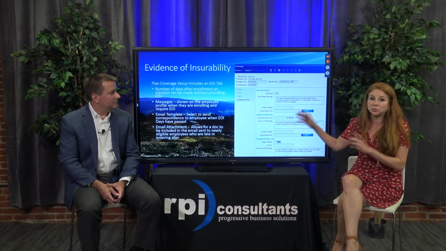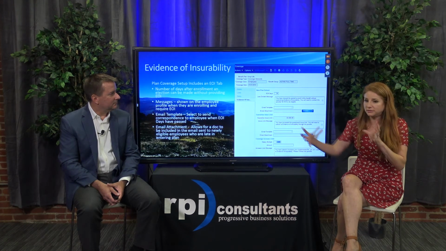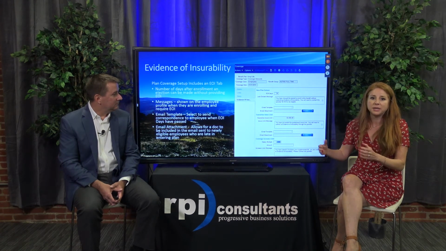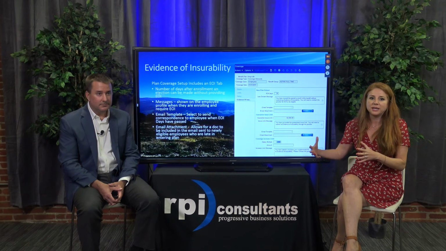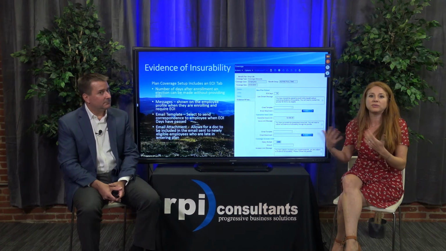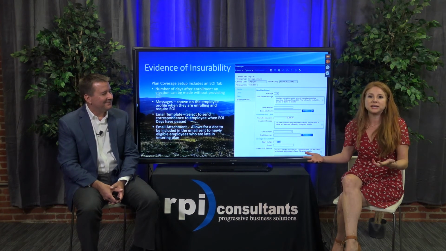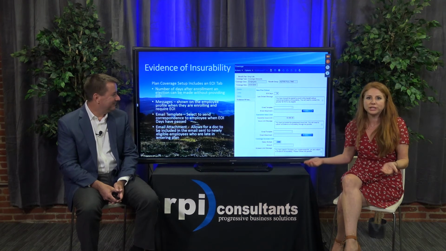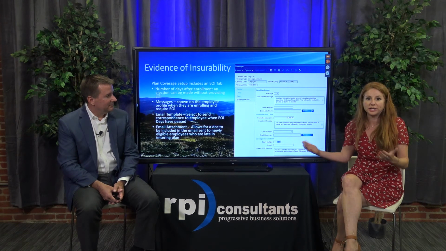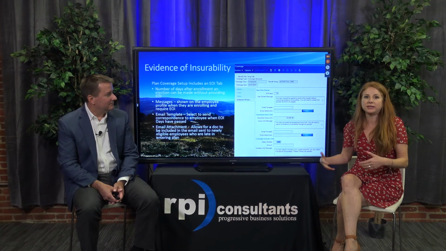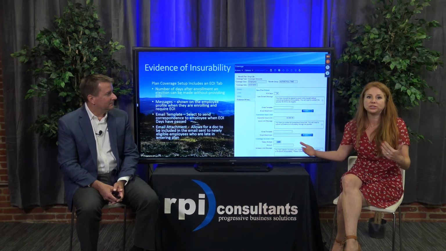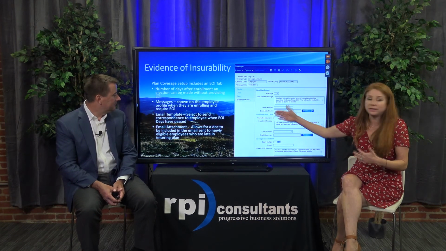So I thought this was a really cool piece that, you know, this is in the benefits plan setup, or the benefits setup, that you're able to say, okay, we've got a new plan here, and this plan says if people enroll within the first 30 days or 60 days of this new plan going live, then they don't need EOI. They can go in and select however much they need. So you can set up that number of days.